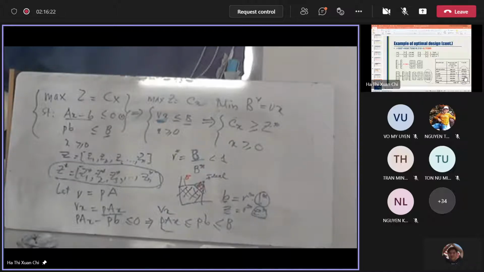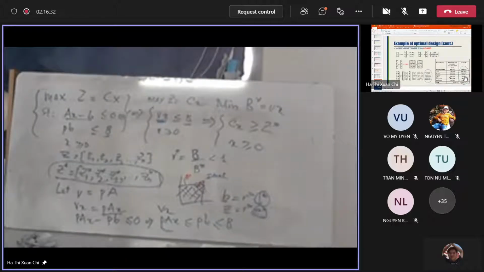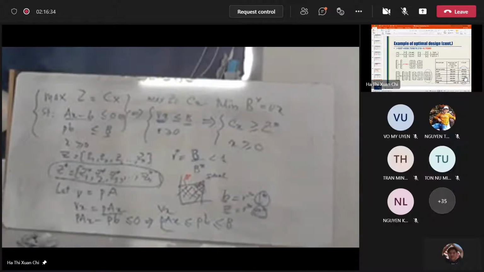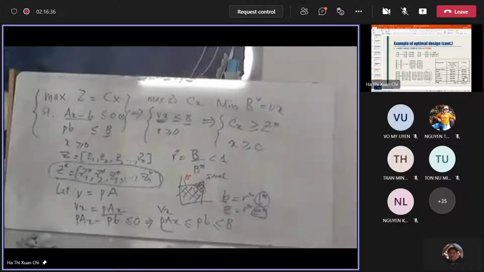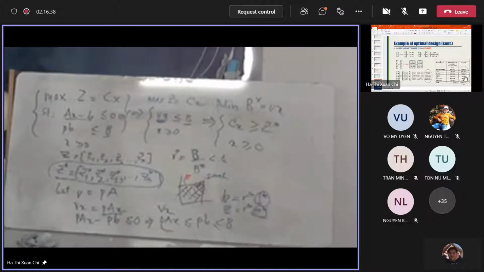So after you rewrite, after you redesign, you have the right hand side like this, and that is the new one. So I can copy that one with the original one.